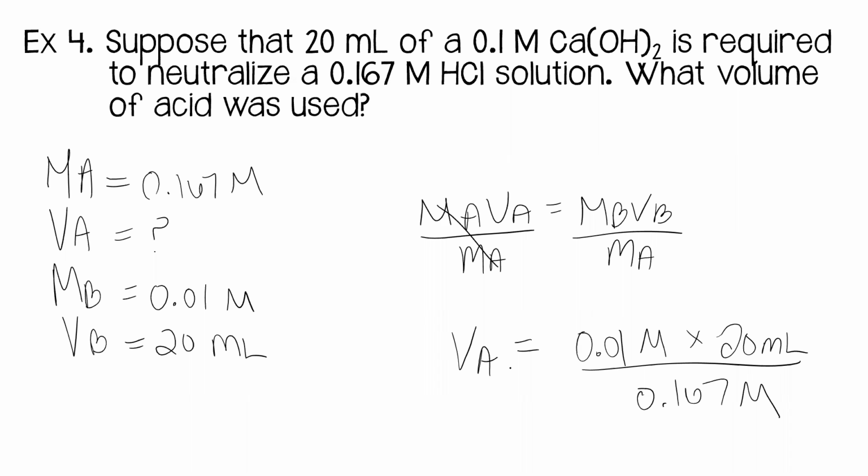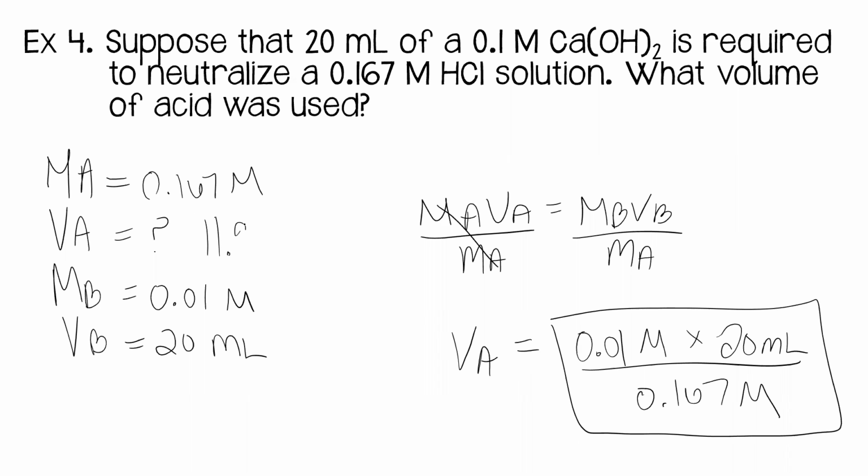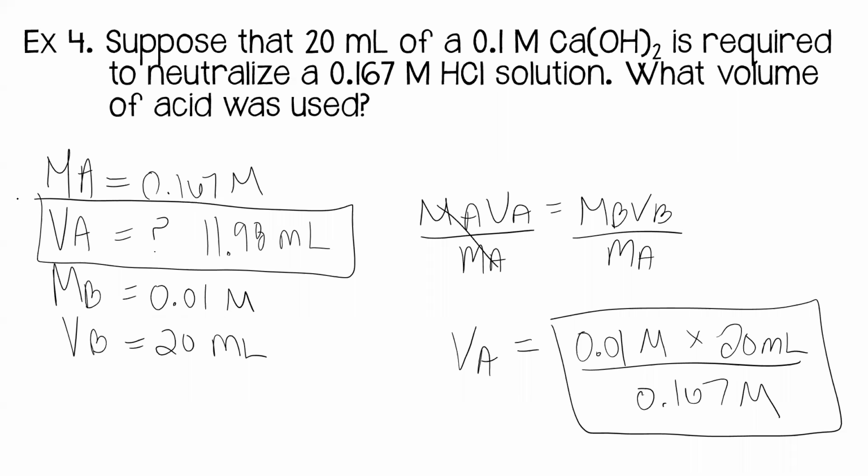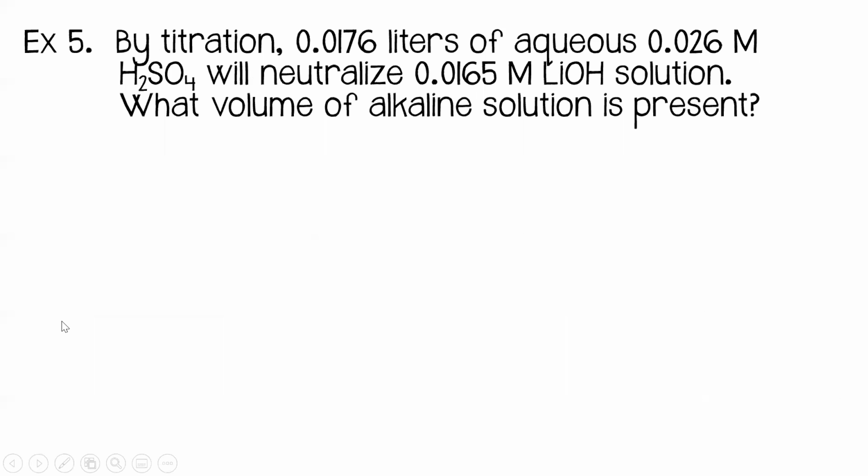So that's done here. Plugging this into my calculator, I get volume of acid to be 11.98 milliliters, or you could round up to 12. Once again, if you multiply both sides together, they should be equal to each other. Okay, one more.